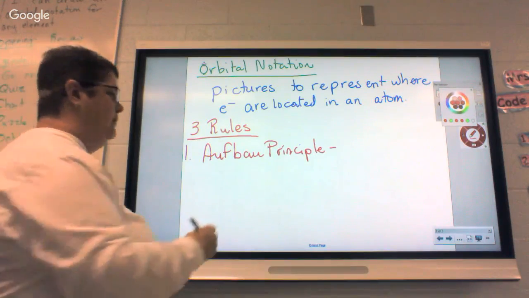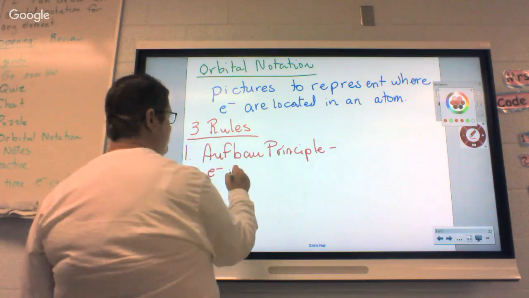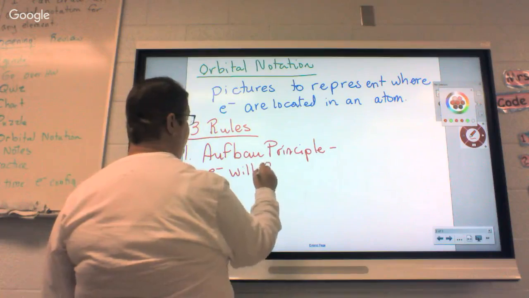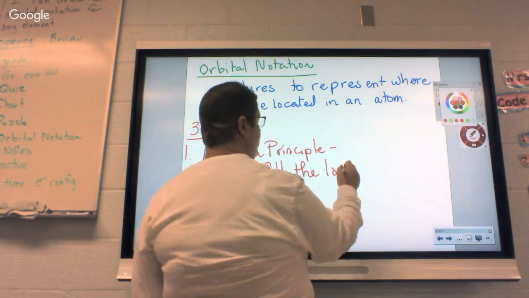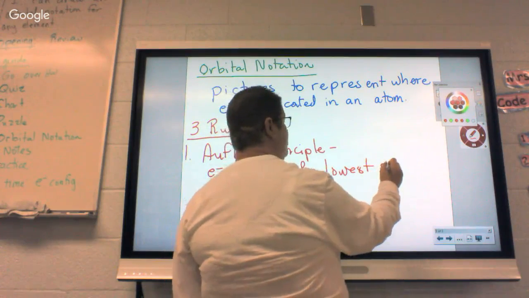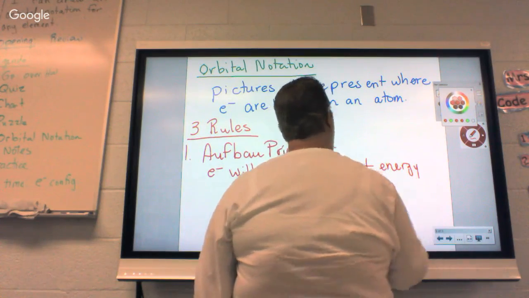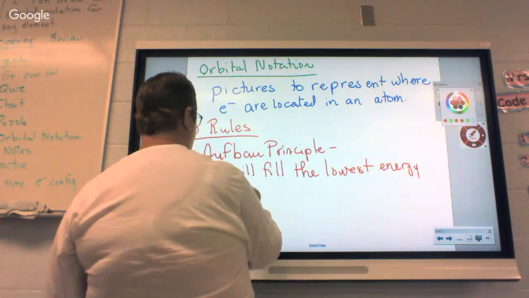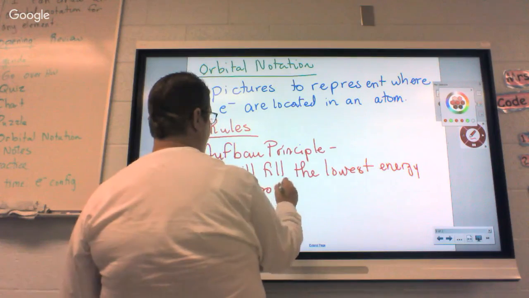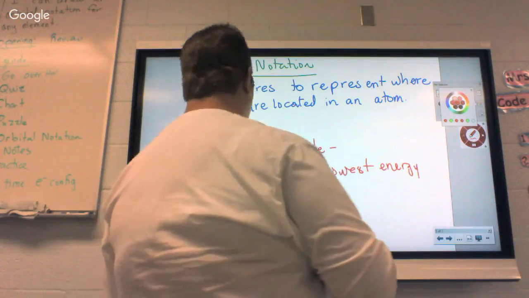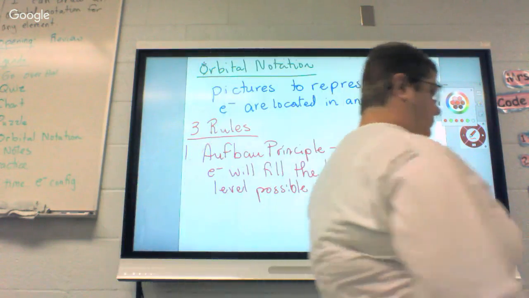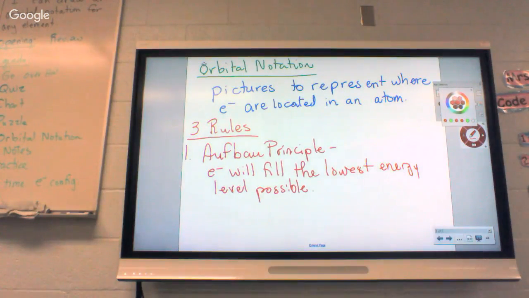The Aufbau principle says that electrons will fill the lowest energy level possible. Okay? So picture a three-story motel. The electrons, or us, are checking into the three-story motel.